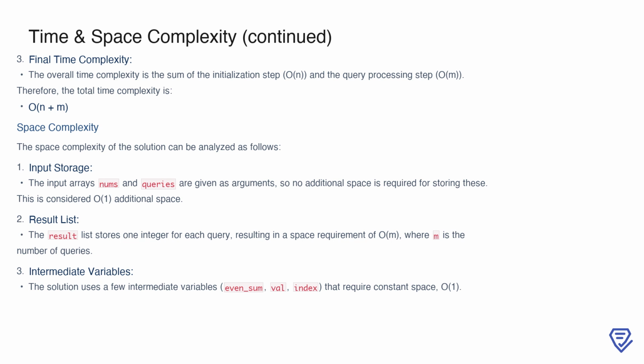Shifting our focus to space complexity, we observe that the input arrays nums and queries are provided as arguments, meaning no additional space is allocated for these inputs. This is considered O(1) additional space. The result list, however, stores one integer for each query, requiring m space. Additionally, the algorithm uses a few intermediate variables, such as even_sum, val, and index, all of which require constant space, or O(1).